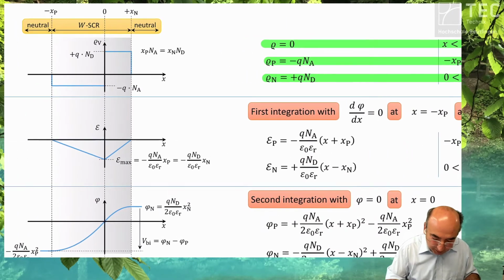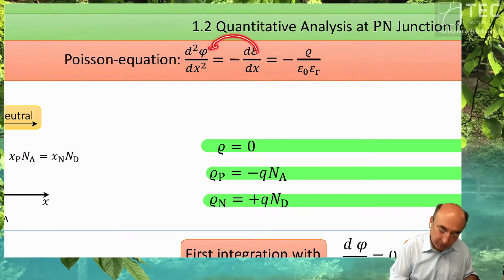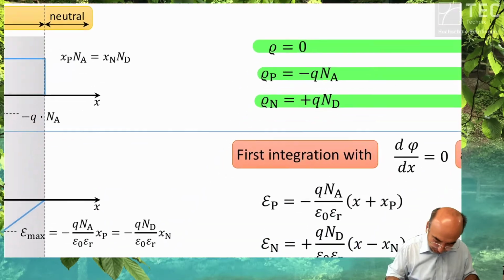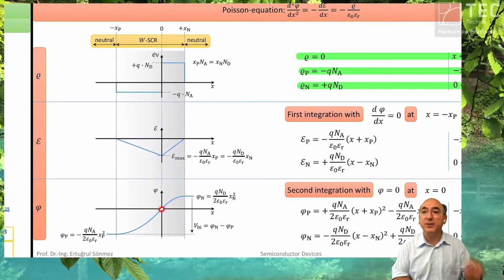Now, let's go back to the Poisson equation. What we get if we integrate again, we get the potential. Okay, so now I define the center such that the potential is zero.